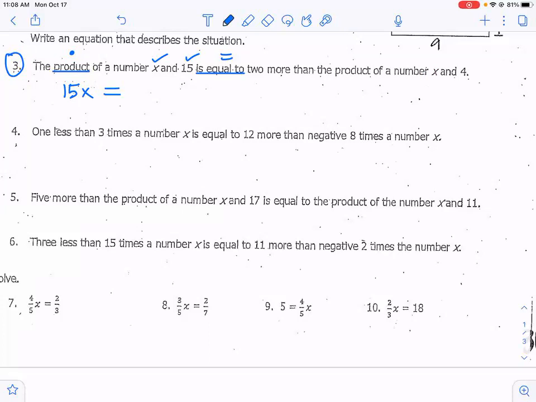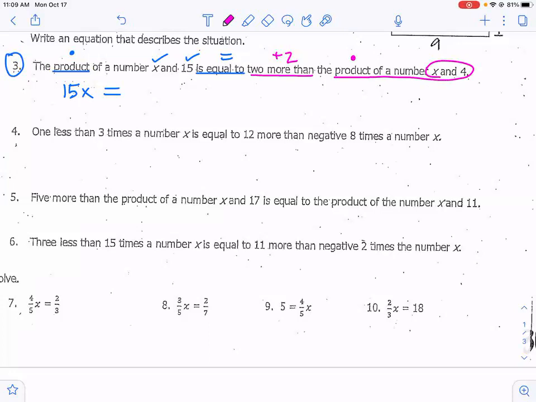Two more than the product of a number X and 4. Okay, so two more. I'm gonna switch colors here. What is two more gonna mean? Two more is gonna mean plus 2. Product again means multiply, and we're multiplying X and 4.